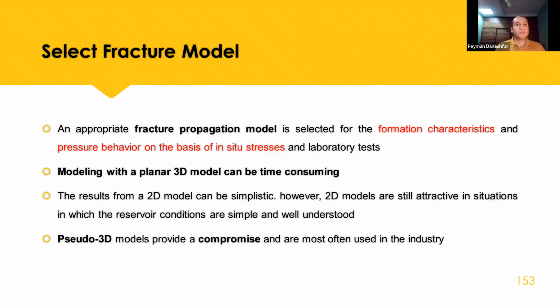The result from the 2D model can be simplistic, however 2D models are still attractive, because if you see the formula, the parameters are available that we can put in a formula and give us important parameters that we want to analyze, like fracture width. And another one, the PKN 3D model provides a compromise and is most often used in the industry.